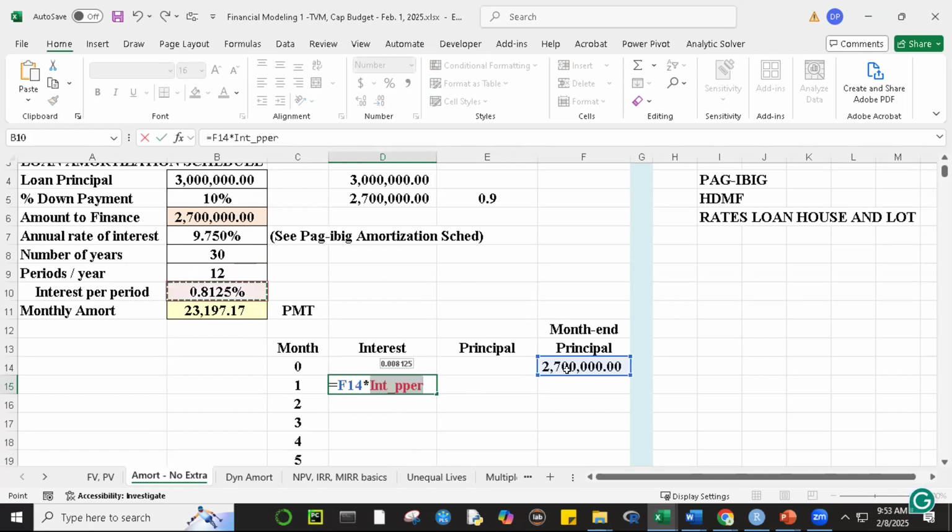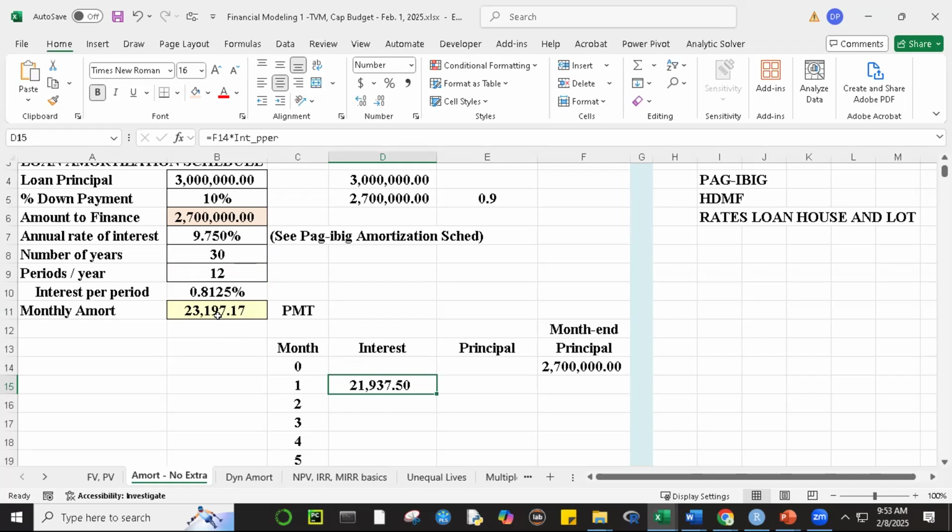Okay, so the balance multiplied by the interest per period, you get 21,937.